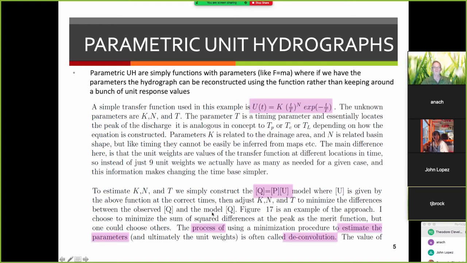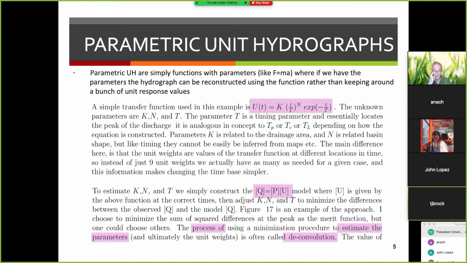So parametric unit hydrographs, a lot of words here. I will read them, and with any luck they'll make some sense. So parametric unit hydrographs are simply functions with parameters. As an example, consider force equals mass times acceleration. The parameters of that are mass and the acceleration of the object that produces the result of force.